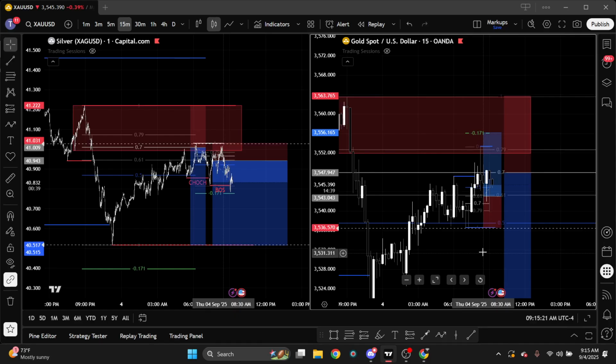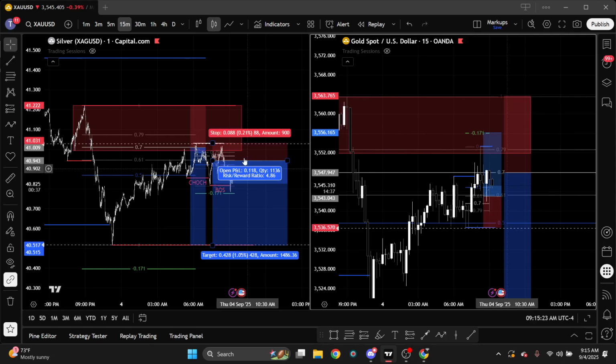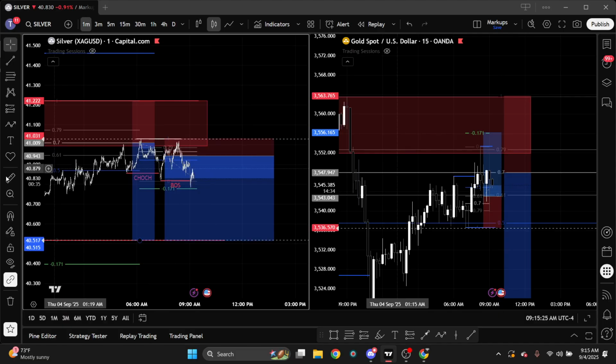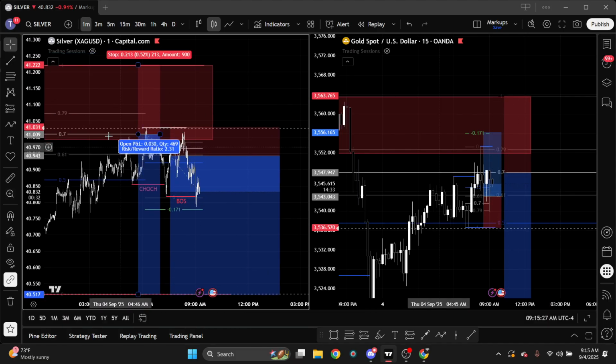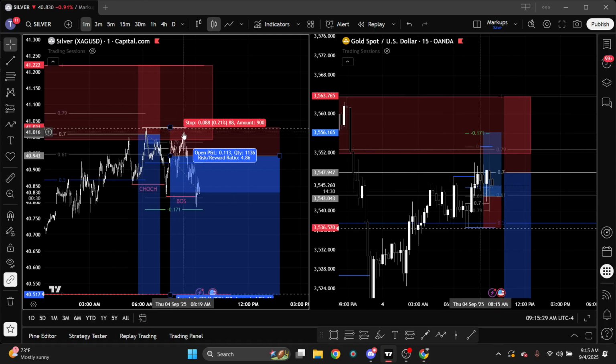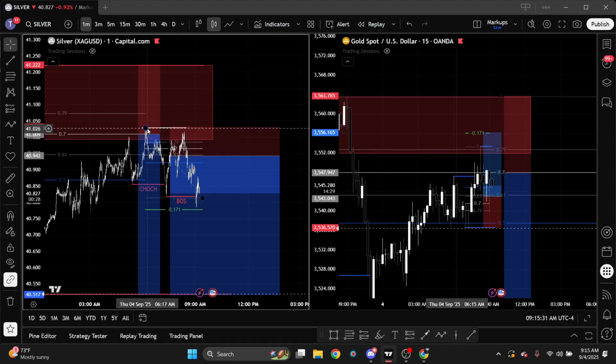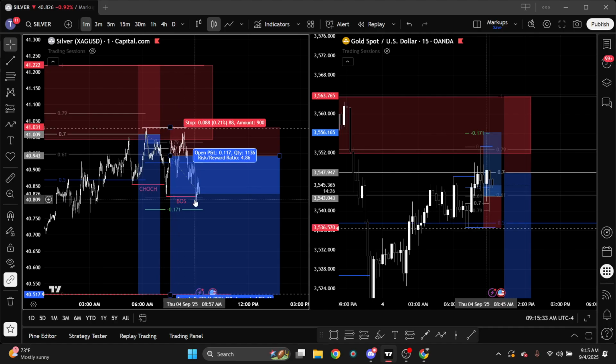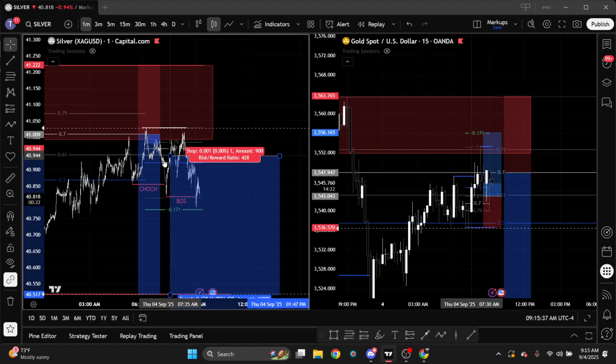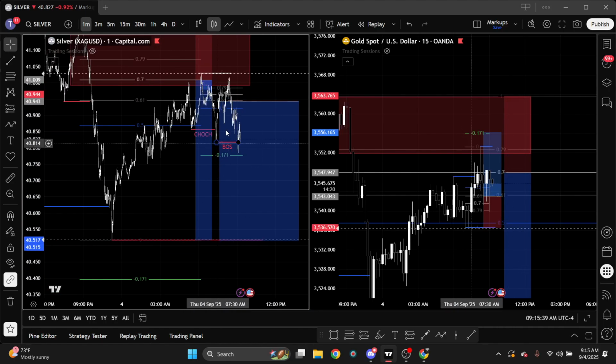Alright, you guys, so I ended up taking a gold trade. Unfortunately, this silver play ended up taking me out because of spreads. But look at this. TP1 would have got smacked, so stops would have been at break even. And yeah, let the rest ride down.